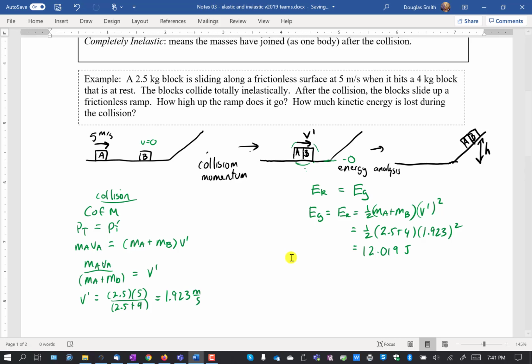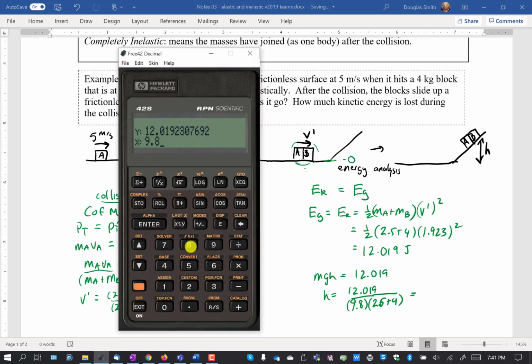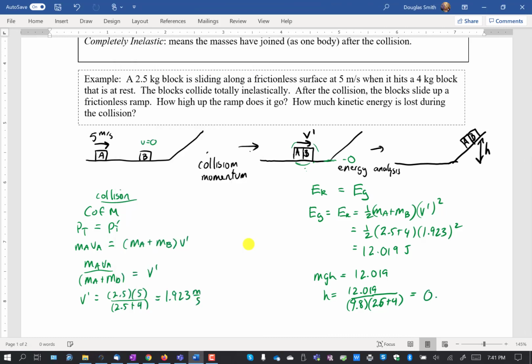Okay, so we know how much gravitational energy is at that final point. So now we want mgh equals 12.019. So H equals 12.019 divided by 9.8 divided by their mass, 2.5 plus 4, over that, 6.5. So it's going to go up 0.188 meters.